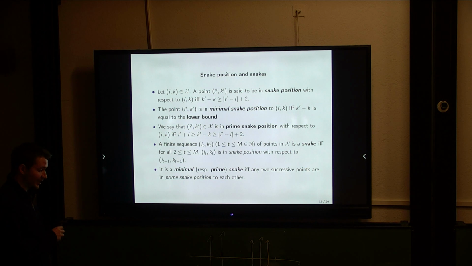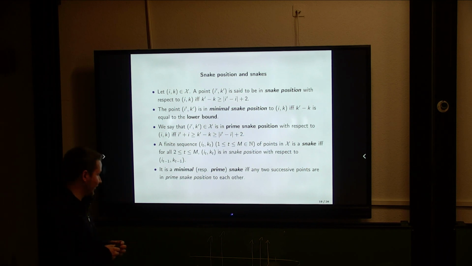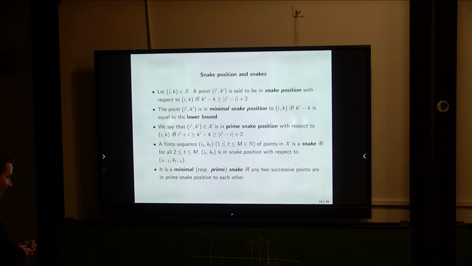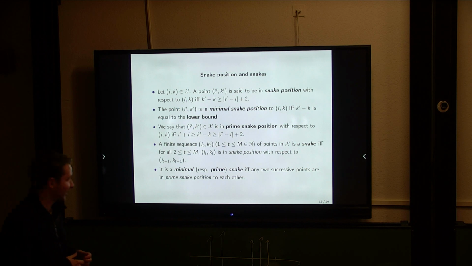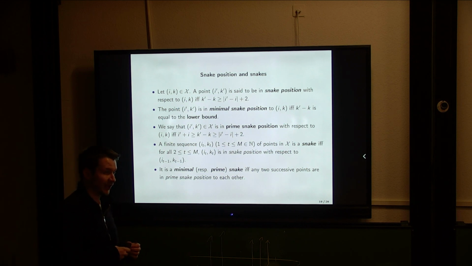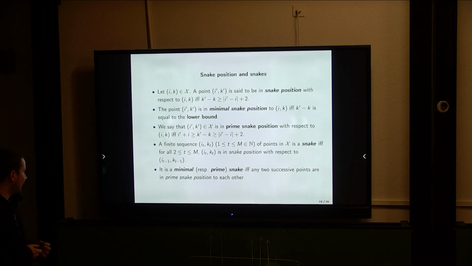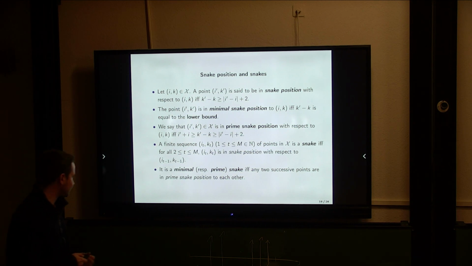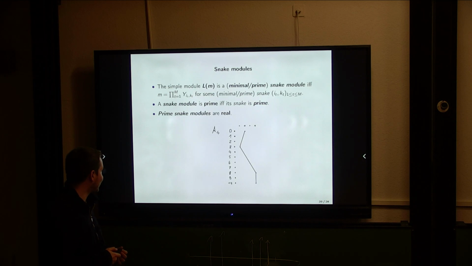Then of course we can define a finite sequence of points, and we say that this finite sequence is a snake if any successive point is in snake position with respect to the last one. Okay. And the same for minimal and prime snake. Okay. So there will be pictures.